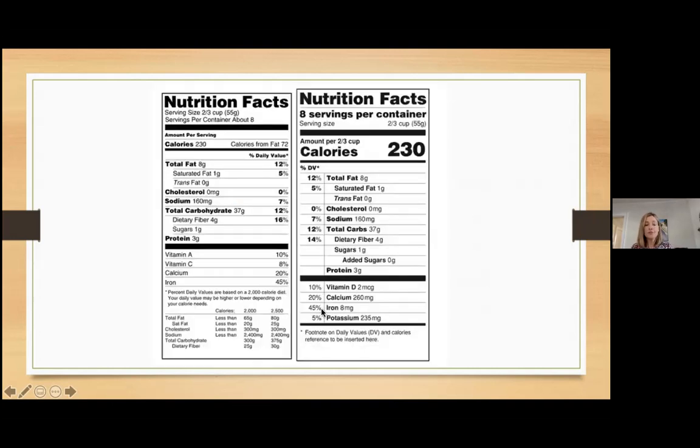The food labels now will tell you how much potassium is in the food. They changed the labels. The old labels would tell you how much vitamin A, vitamin C, calcium, and iron there was, but now they've changed it to add potassium because so many people don't get enough potassium.